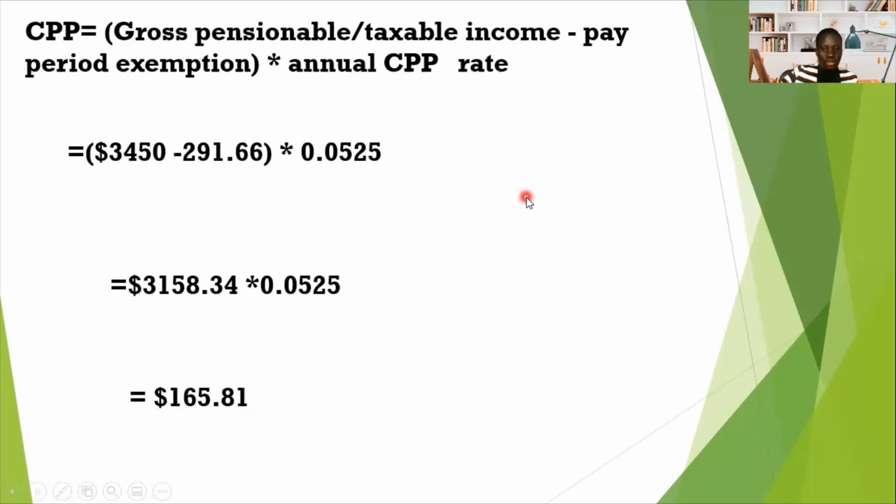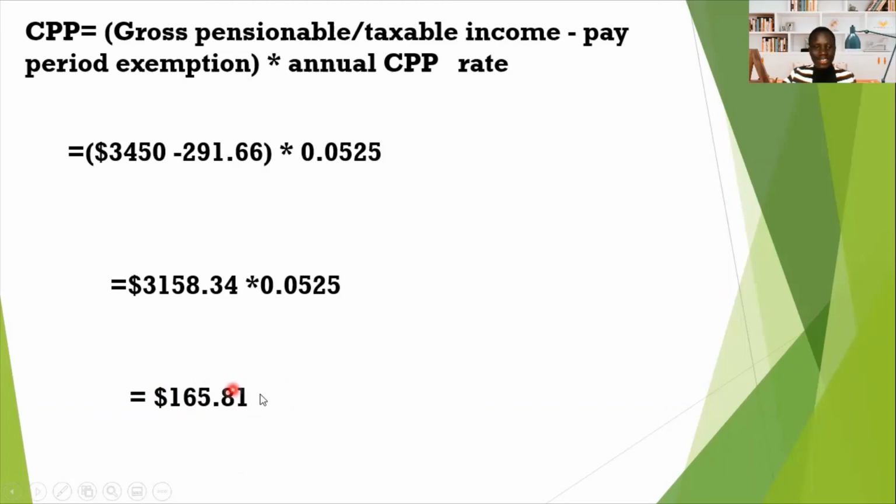Now that money goes to the government, and you will see it when you retire. Some people do not even qualify sometimes, because there are some requirements that you need to meet to qualify for your CPP, although it was your money at the beginning, right?